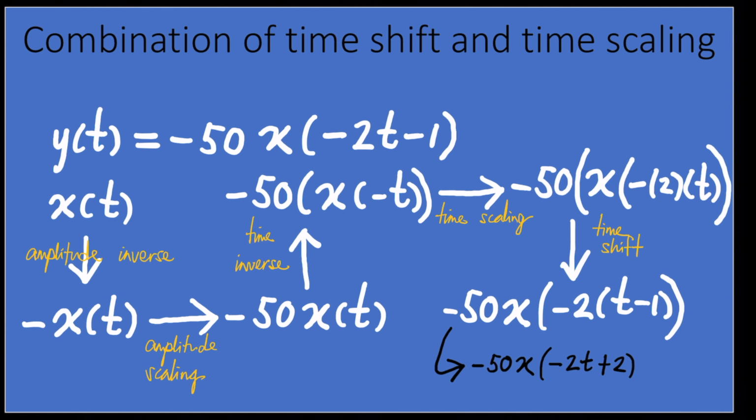Now let's see the final outputs of these operations written in black color. So this sequence of operations with these particular parameter values will produce minus 50 x(minus 2t plus 2).